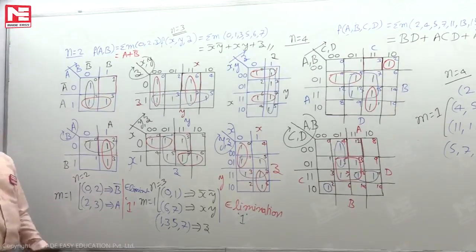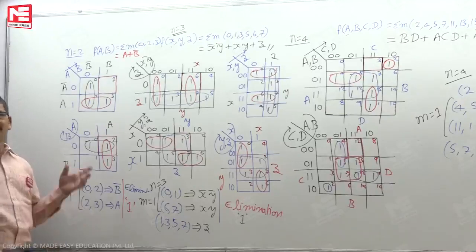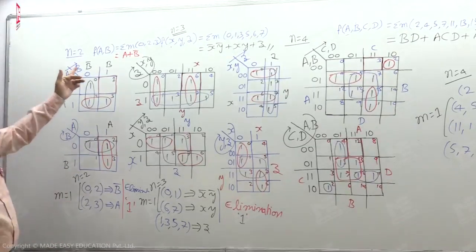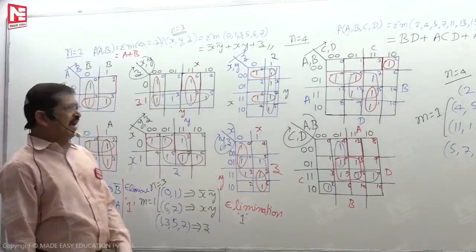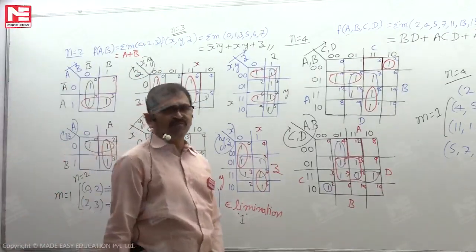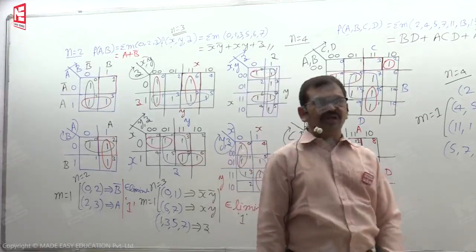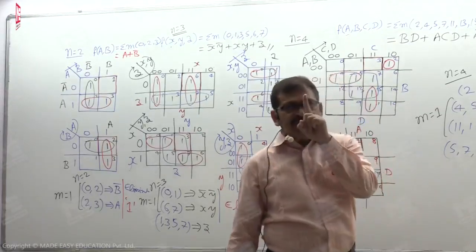Hence, the function may be on 2 variables or 3 variables or 4 variables, on any number of variables. As and when we have subcubes of 2 cells, that is M is 1, we have elimination for 1 variable.